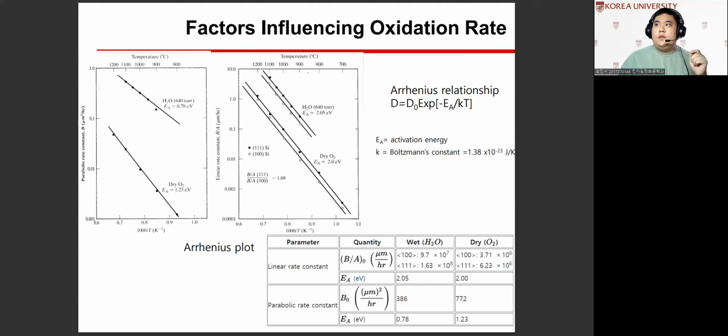Because of this, we put in more pressure than normal, and we can cut down the temperature.